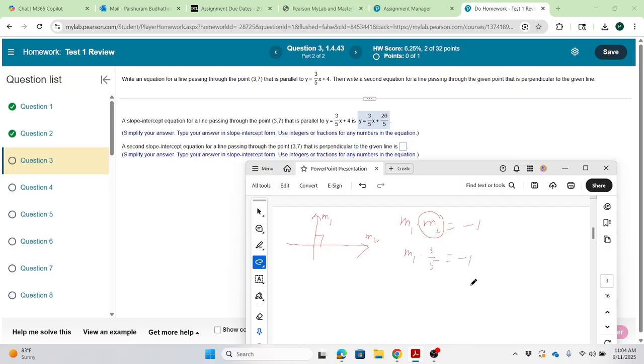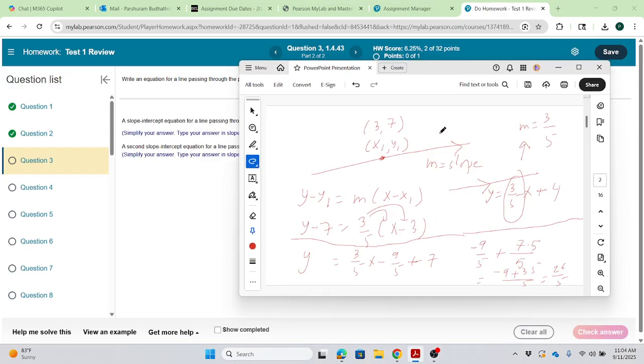Then when you multiply them, the product is supposed to be -1. To solve for m1, just multiply both sides by 5 over 3, which is cancellation. So the slope of the perpendicular line would be -5 over 3. It's very similar to this slope, but just the reciprocal and negative. So this would be the slope of the second line.